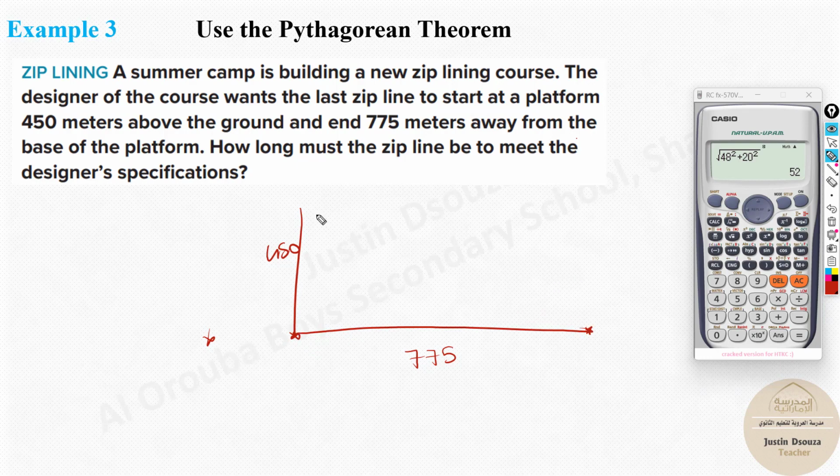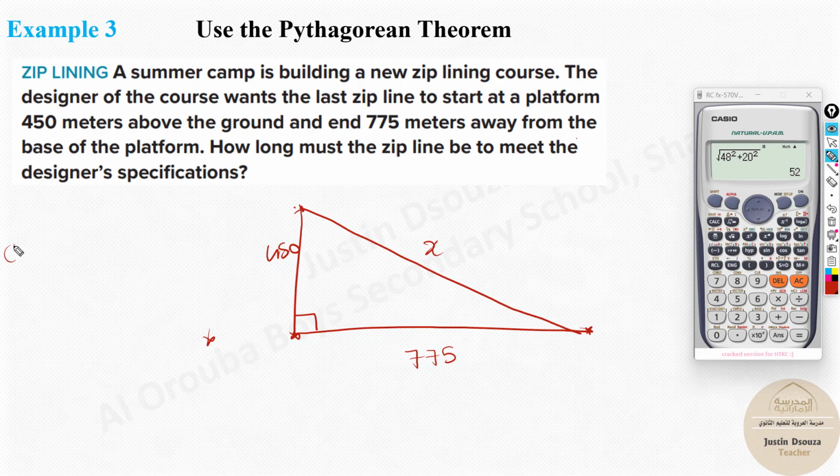How long must the zip line be to meet the designer specification? So this is 450, that's the height. The base is away by 775. Now what is this length? That is the hypotenuse. See, the base and height will be at 90 degrees. The hypotenuse is over here, let's take it as x, and now we can use Pythagoras theorem.